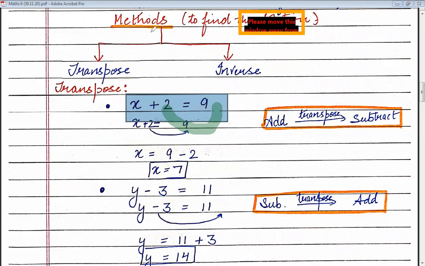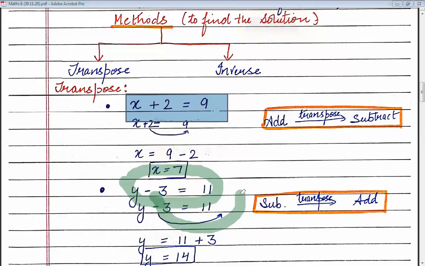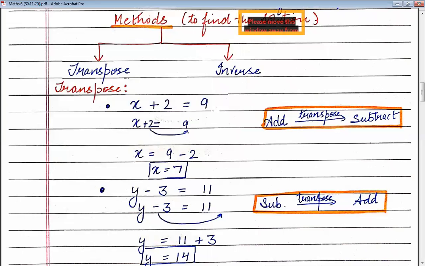Now the next one is your subtraction. Now in this one, you are having minus 3. You have to get rid of minus 3. So you will transpose minus 3 to the right hand side and it will become plus.